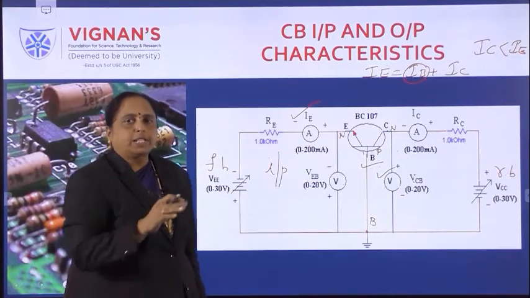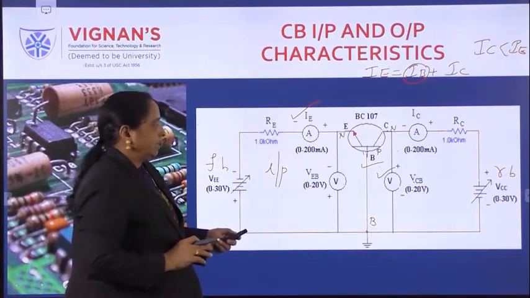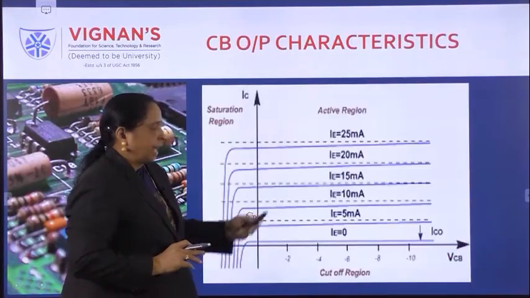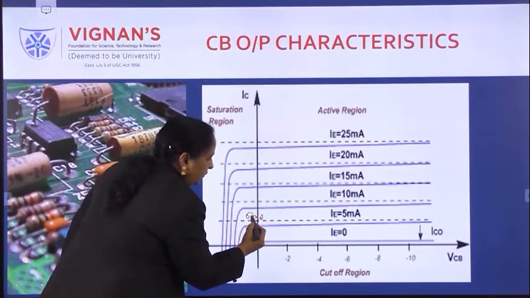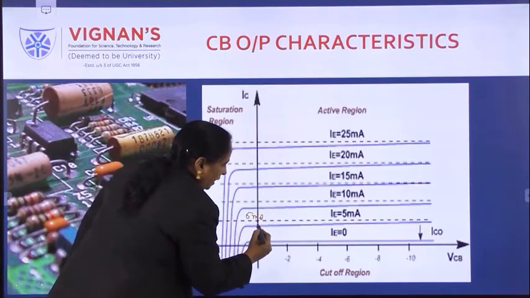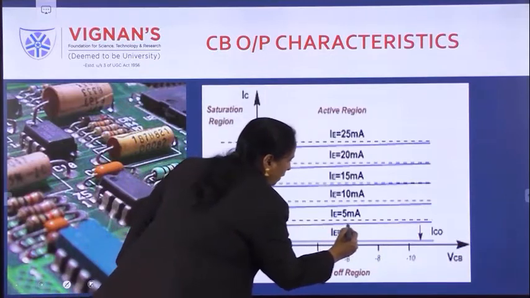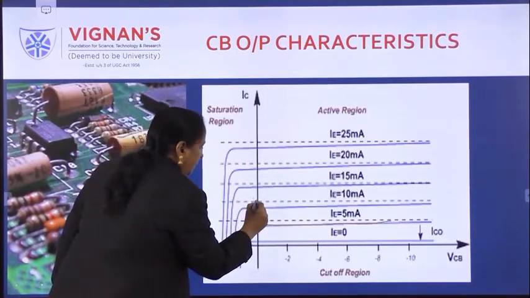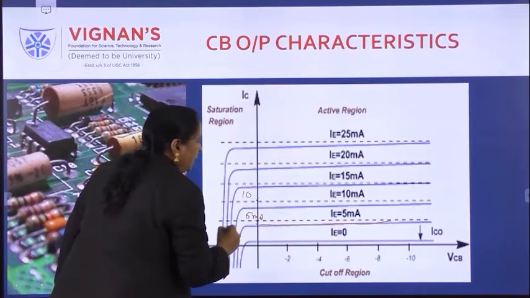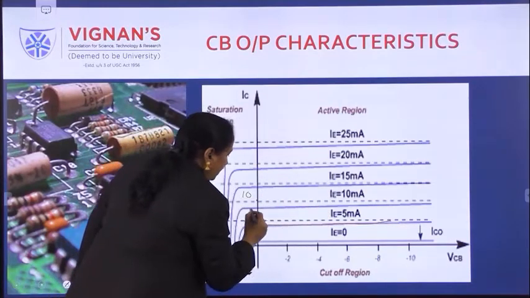So if you see the characteristics of this common base configuration, when the emitter current is 5 milliamperes, what is the collector current? The curve is below this one. Similarly, when the emitter current is 10 milliamperes, see here, this is 10 milliamperes, the collector current is this one.